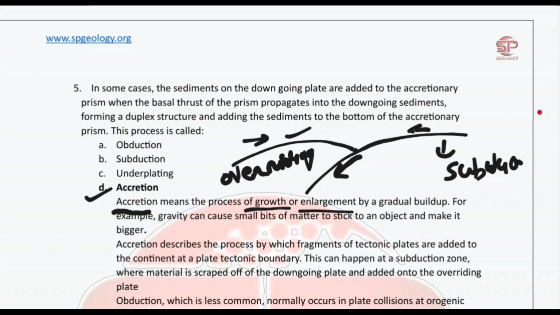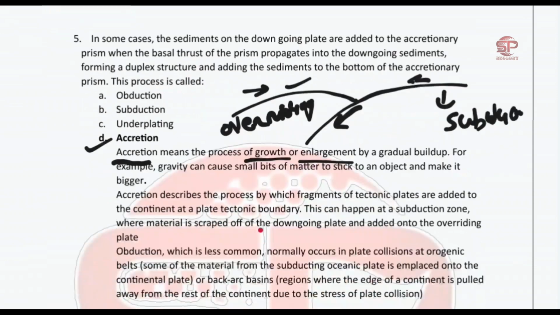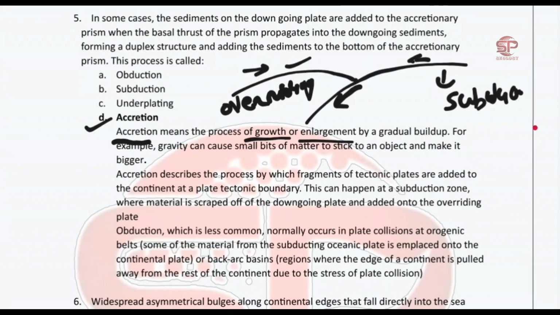You can confuse it with obduction, but obduction is simply the opposite process of subduction. Normally it is formed in an orogenic belt, where some of the material from the subducting oceanic plate will be emplaced onto the continental plate, where you will find the ophiolites.